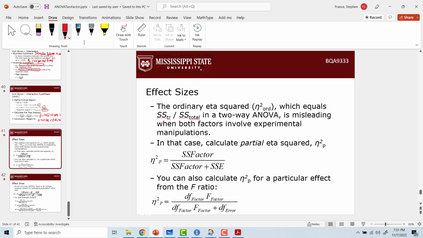Now, in some of the experiments I do, I do algorithm design. So let's just think about mine. I might have two factors: A is the data set, and B is the algorithm.